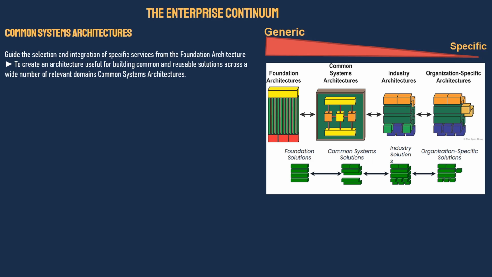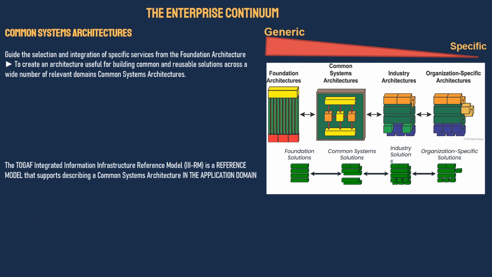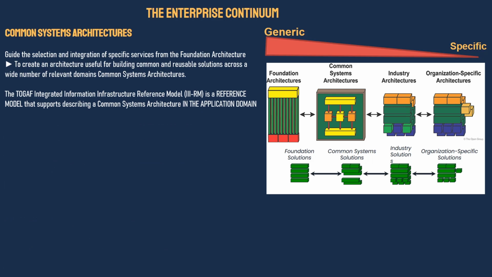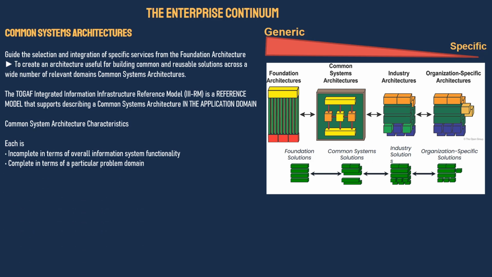Common systems architectures. The TOGAF Integrated Information Infrastructure Reference Model is a reference model that supports describing a common systems architecture in the application domain. Common systems architecture characteristics: each is incomplete in terms of overall information system functionality, but complete in terms of a particular problem domain.